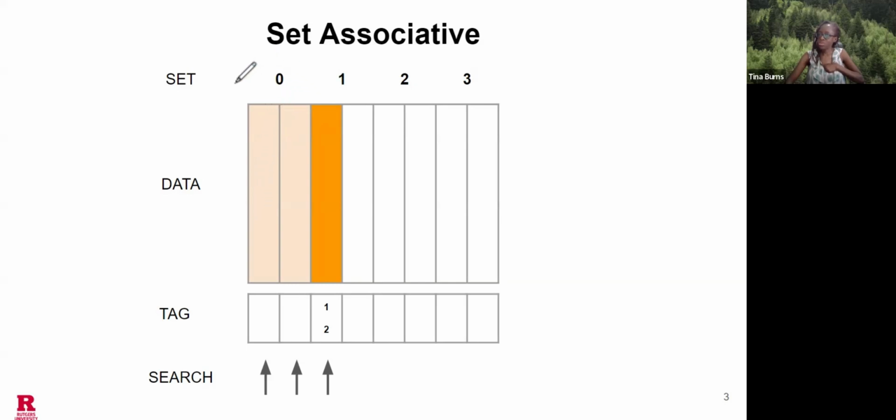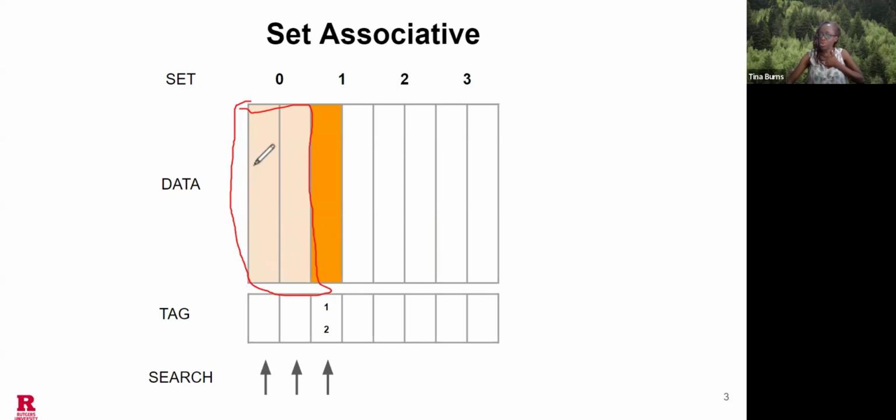So the number of sets is how many you're going to have in a particular cache, right? When we talk about the associativity, we're talking about the number of lines here. So this is considered a line or a block. The terms block and line are used interchangeably, but this is my block, and this is where I would store the information.